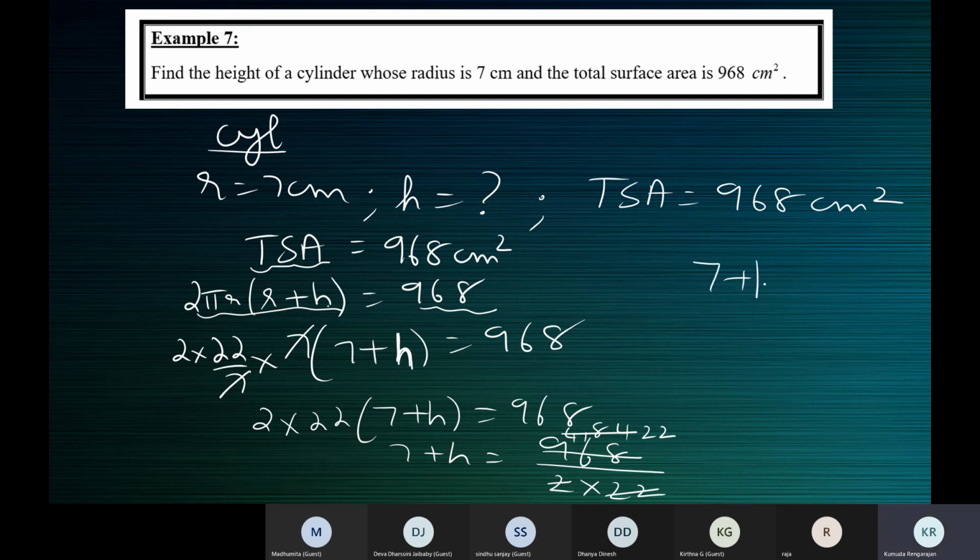So on simplifying, 7 plus h is equal to 22. h is equal to 22 minus 7. h is equal to 15. Yes, you're right. h is equal to 15 centimeters. So the height of the cylinder is 15 centimeters.